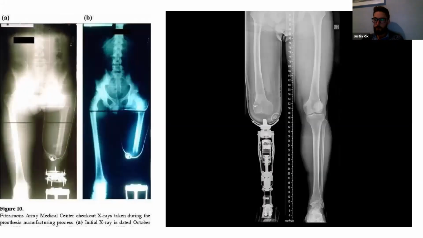So we've got the two pictures on the left-hand side. This is a transfemoral amputation, showing the length of the residuum, and then we've got the actual knee centers itself. So we've got a good length residual limb.